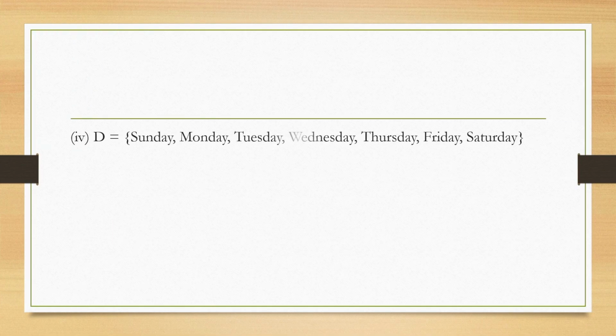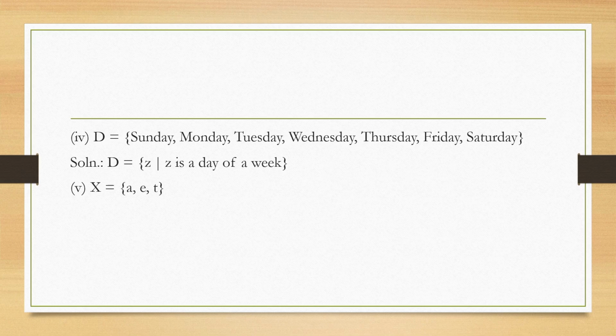Next, D is equal to curly bracket open Sunday, Monday, Tuesday, Wednesday, Thursday, Friday, Saturday, curly bracket close. How will we write in the rule method? D is equal to curly bracket open z such that z is a day of a week, means these are all the days of the week.